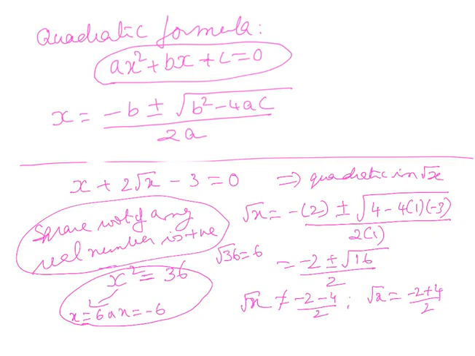Understand the difference between these two. x squared is equal to 36, and I am taking the square root on both sides. In that case, I will get plus or minus 6. But when I take the square root of 36, I get only one value, and that is positive 6. To get negative, I must write negative root 36. Understand the difference.